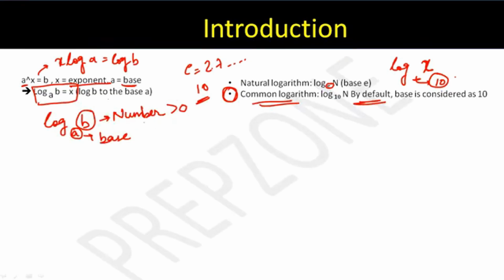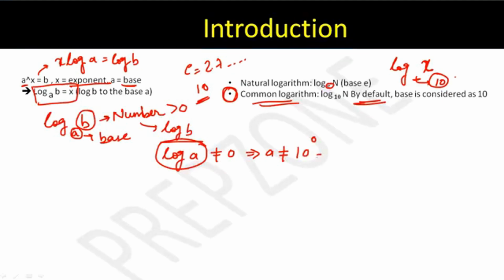Now, since I have mentioned that you can write this as log b upon log a, we know whenever we have a term in the denominator, this term cannot be equal to 0. Now, if log a is not equal to 0, this implies a cannot be equal to 10 to the power 0, which is equal to 1. Hence, the base cannot be equal to 1.